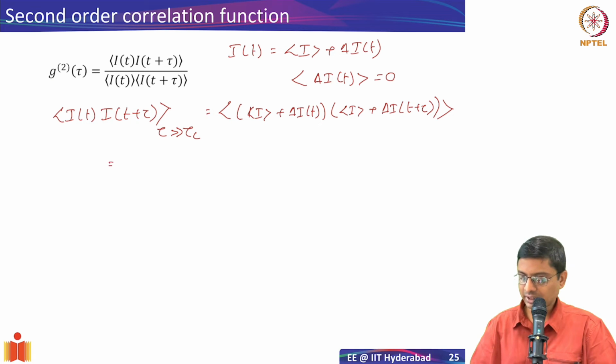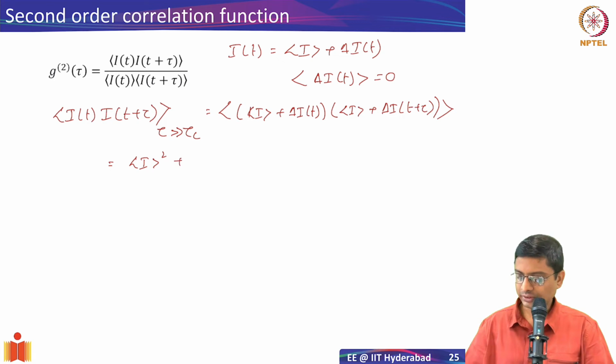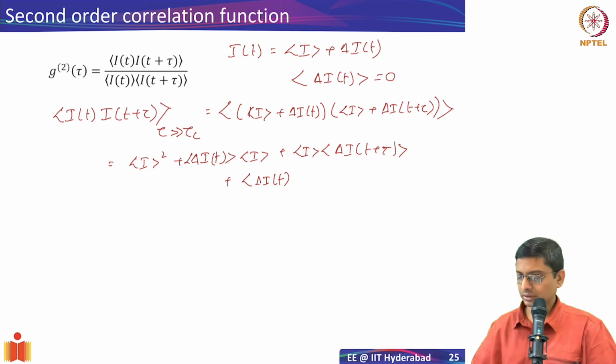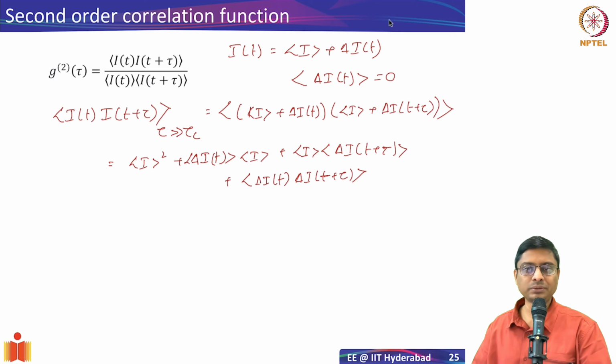If I expand, I get the time average of I square, plus the time average of delta I of t into average I, plus average I into delta I of t plus tau, plus delta I of t into delta I of t plus tau, all time averaged. So this is what you get as output.